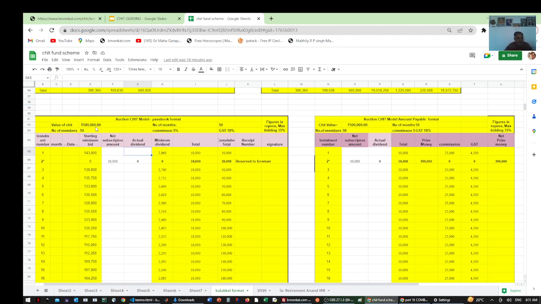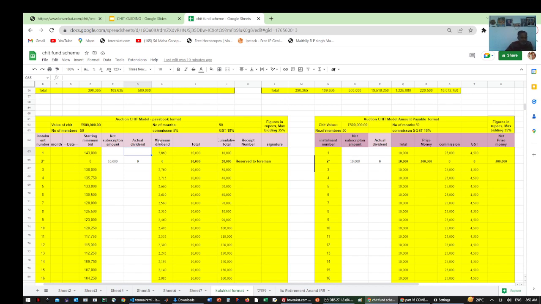Value of chit is 5 lakh rupees, number of months 50, number of members 50, commission is 5%, GST is 18% of the commission, and figures in rupees. Maximum bidding is 35%. This is our limitation. Let us say in the first month, this table contains almost all the columns which we discussed in the previous lottery chit.